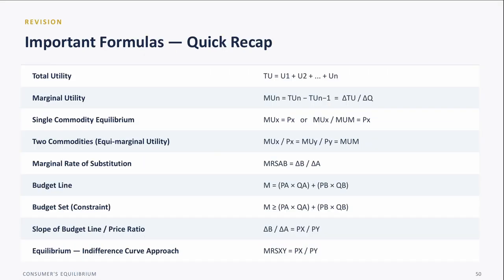So these are some of the important formulas that you can always look up to: total utility, marginal utility, then the condition for the single commodity equilibrium, two commodity equilibrium, marginal rate of substitution, budget line, budget set, slope of the budget line or the price ratio, which is the market rate of exchange as well, then equilibrium, indifference curve approach.